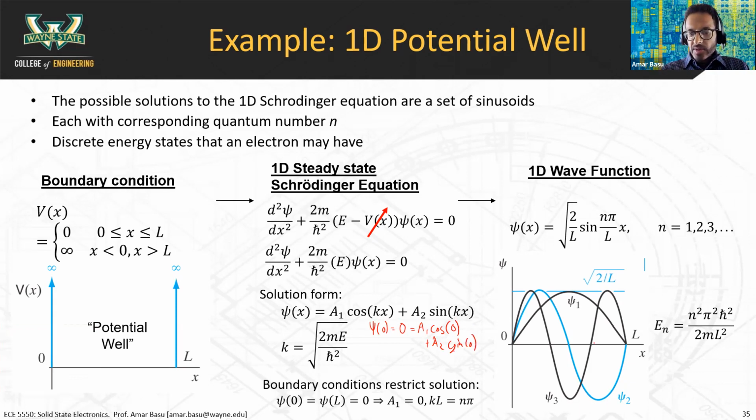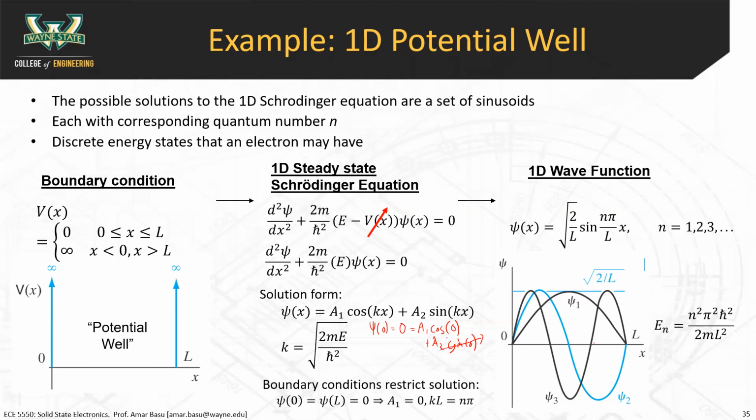All right, the sine of 0 is always 0, right? So now we're left with A1 times cosine of 0 is equal to 0. What's cosine of 0? Think back to your trig. It's 1, right? So this is saying 1 times A1 is equal to 0. So the only way this can be true is if A1 is equal to 0. So that's where we got this constraint from.